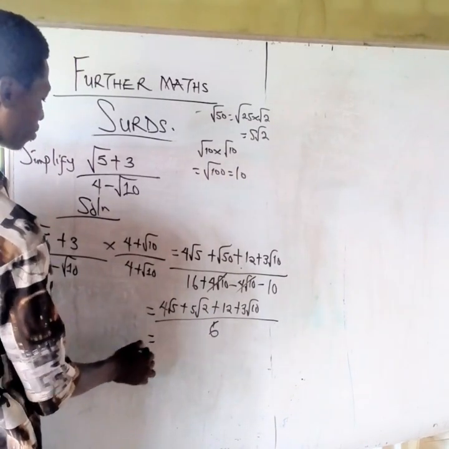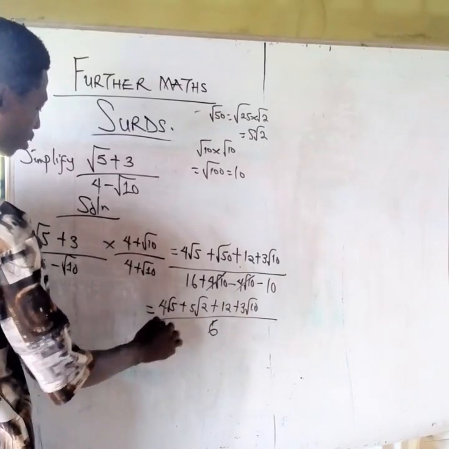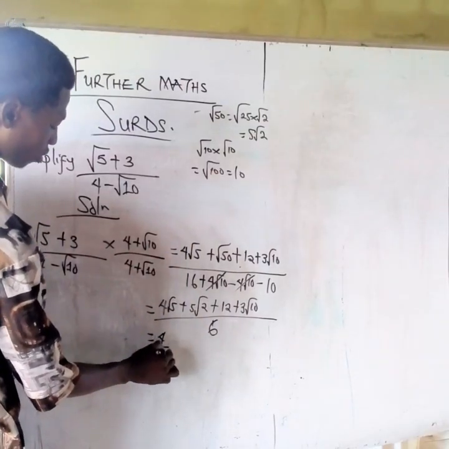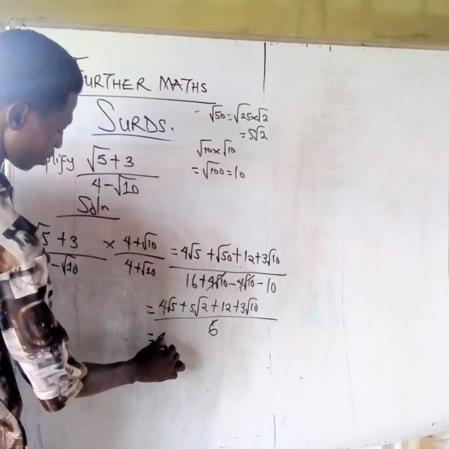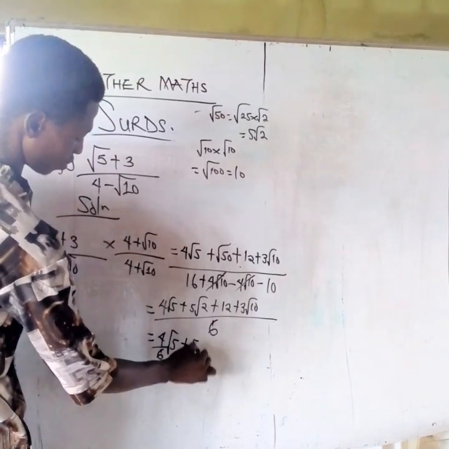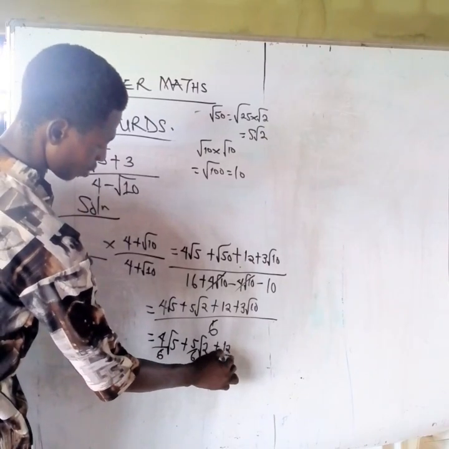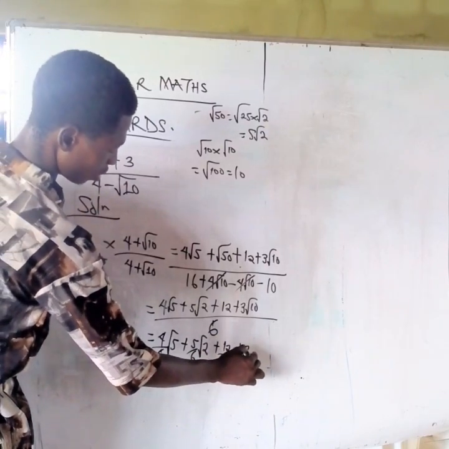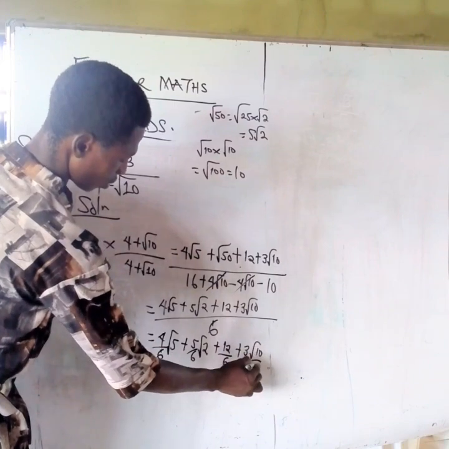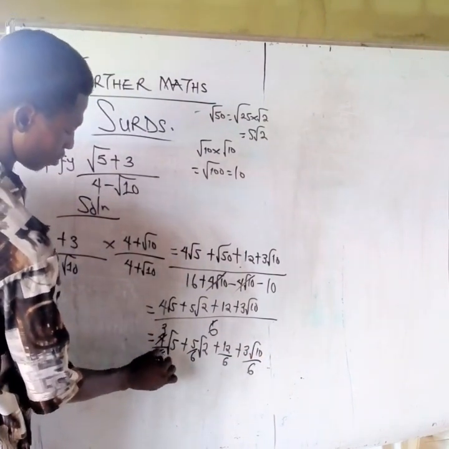Okay, so we're going to divide this into groups now. You have 4 over 6 root 5 plus 5 over 6 root 2 plus 12 over 6 plus 3 root 10 over 6. 2 here, 2 times, 2 here, 3 times.